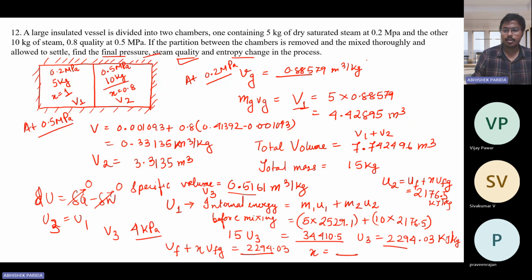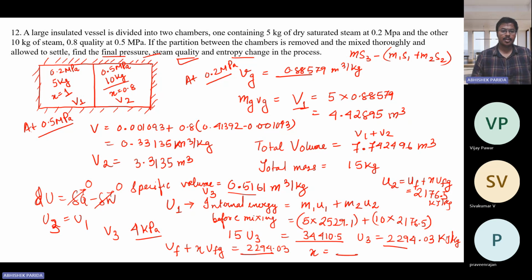Then the entropy change is very simple. Once you get S3, X, then do M3 S3 minus M1 S1 minus M2 S2. So that will be the total entropy change of the process.